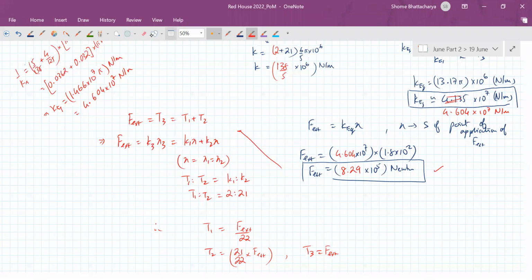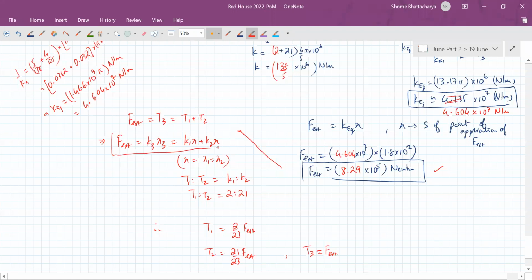So this will become like this. Okay. And then also from this equation, we'll find the value of x.